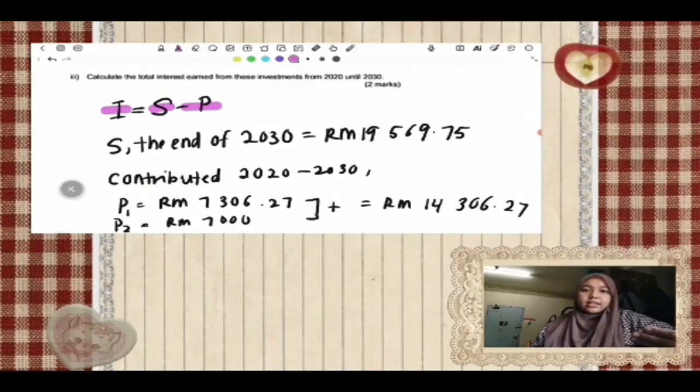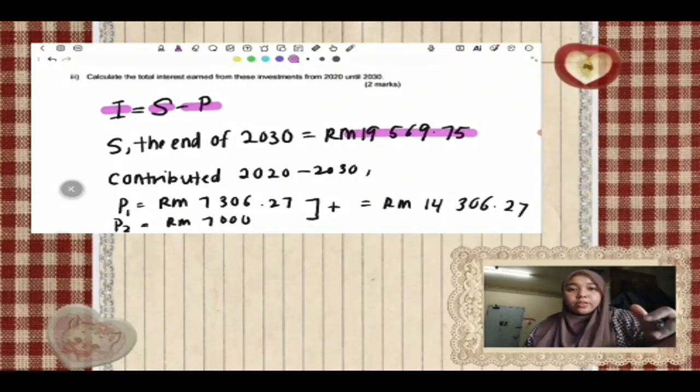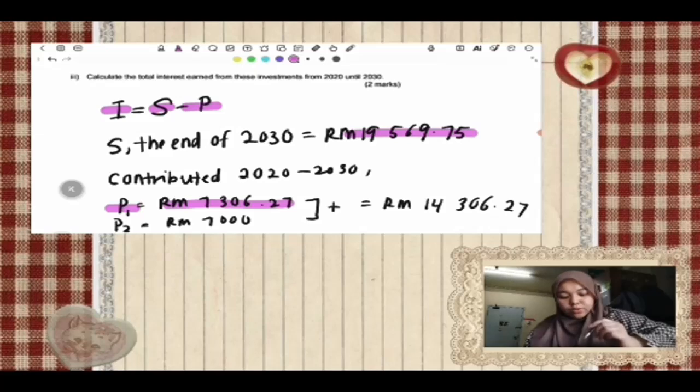We already found the final amount at the end of 2030, which is equal to 19,569 ringgit 75 cents. And the total money Edry contributed from 2020 until 2030 is the initial investment, our P1, which is 33,306 ringgit 27 cents, and the additional contribution, which is our P2, 7,000 ringgit.